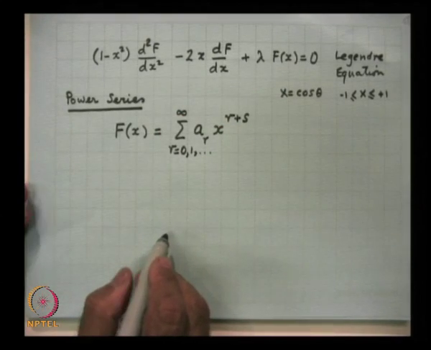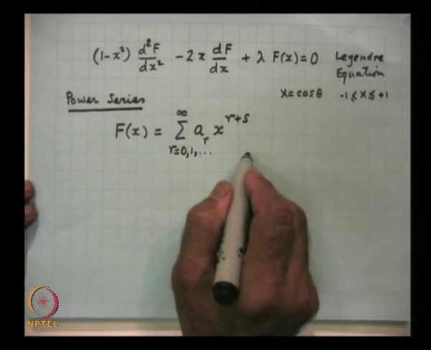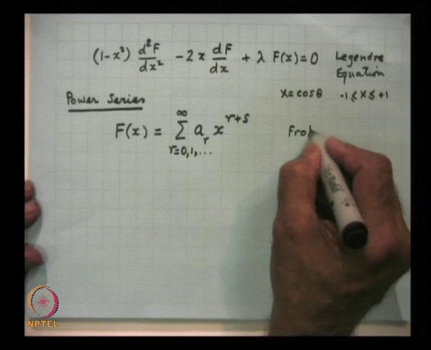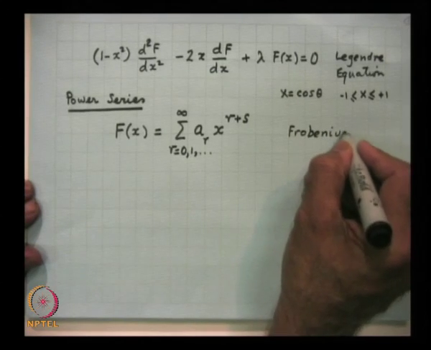This power series method, which we had encountered while solving the confluent hypergeometric equation, is one of the very powerful methods for solving a second order differential equation. This is also known as the Frobenius method.